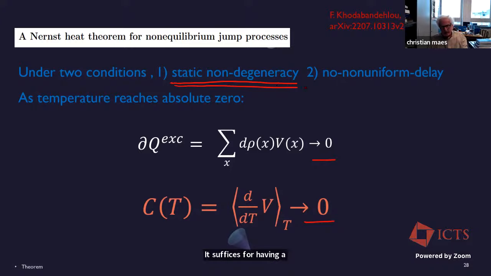When you go to non-equilibrium, there is a second condition which needs to be satisfied. And we have called it a non-uniform delay, which is related to the fact that one needs to avoid a localization condition. And I think I will try to finish this talk by trying to explain a little bit where that comes from.